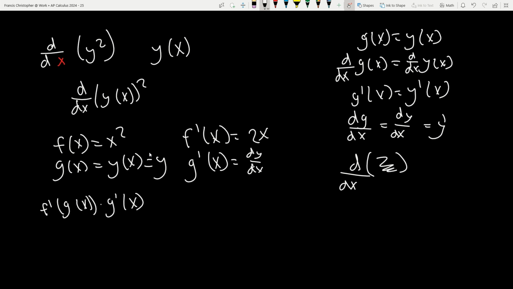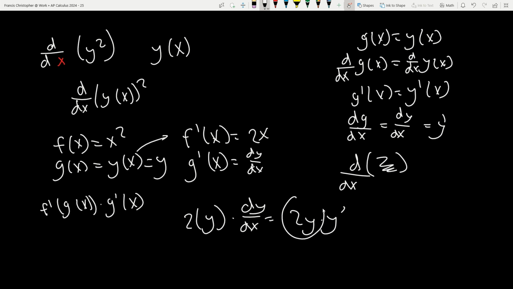So chain rule says put this into here, 2 times y times g prime, dy dx. And this is also just 2y y prime. If you notice here, this kind of was just our normal power rule for y, because it would be 2y. Well, we also have to tack on this change in y. And that makes sense, right? Because if we're treating y as a function of x, we also have to account for that rate of change in those directions. That's what chain rule has been telling us.